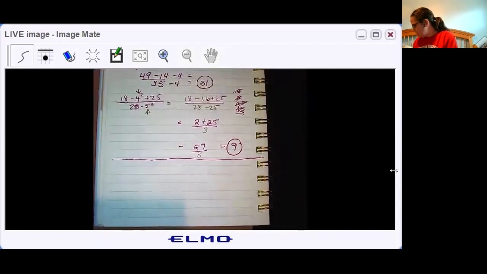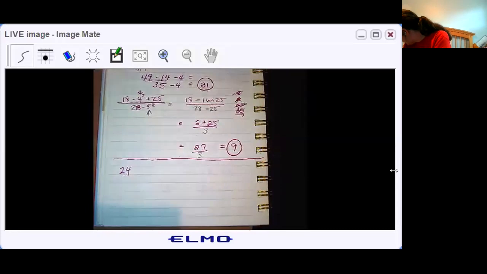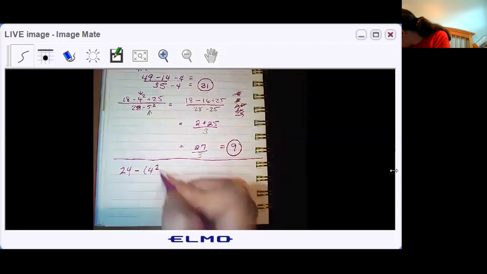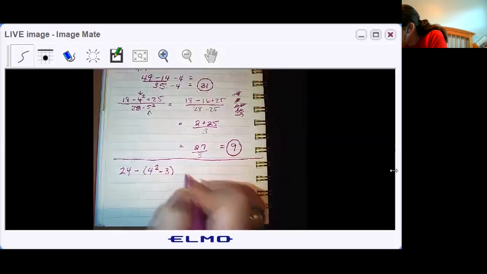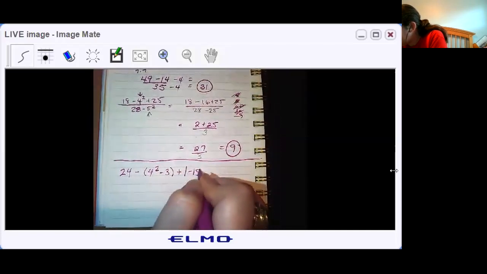So let's see what our problems are going to be today. We'll have 24 minus the quantity 4 squared minus 3 plus the absolute value of negative 15.